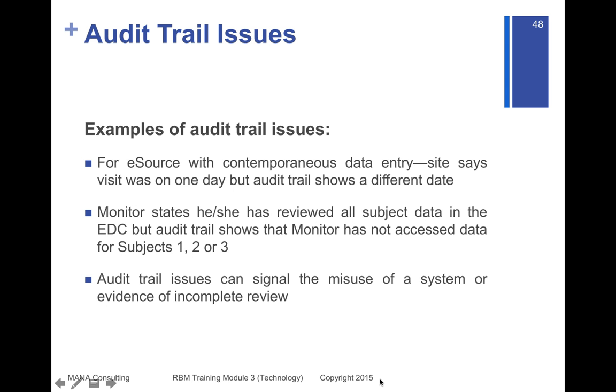So another important question to ask when you're looking at the electronic system is, does it record anytime anybody opens that CRF to look at it, or only if they do something like raise a query? The other thing is that audit trails can signal the misuse of a system or evidence of incomplete review. We just went through some very good examples there. I find the audit trail extremely useful in understanding what people really did.